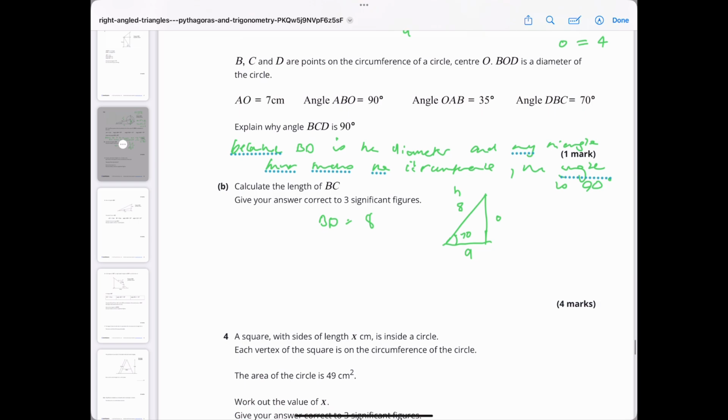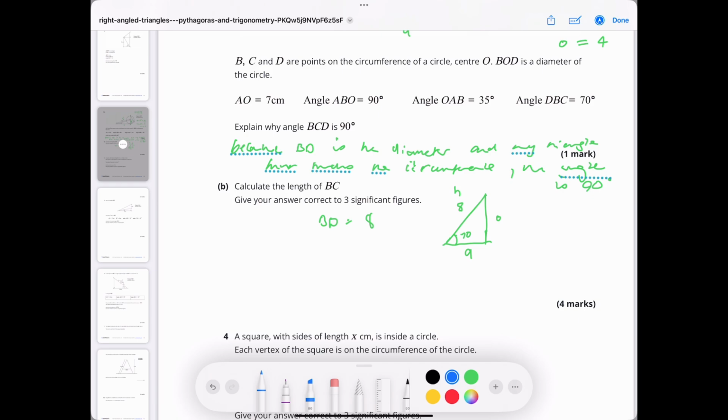So cos of 70, that's A and H, equals A over 8, so 8 cos 70 equals A, or BC as it's otherwise called. 8 cos 70 equals 2.736, although I haven't been very accurate up to this point, so it might actually be 2.74.